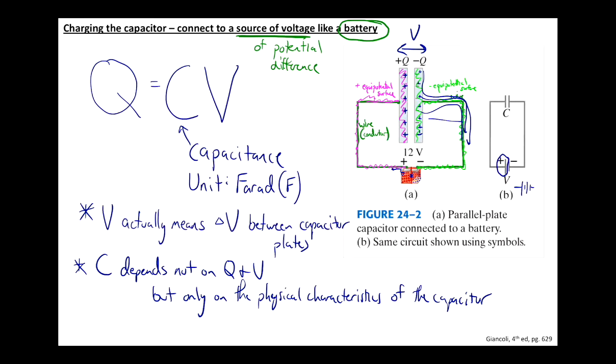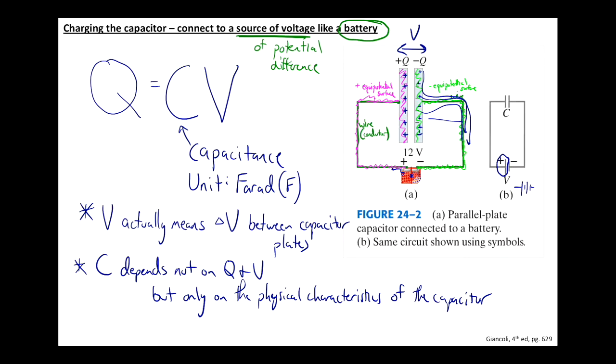Think about what makes up the capacitor. I take two conductors, I put them close together. How close? That's a physical characteristic of the capacitor. They have to be separated by an insulator. What kind? Is it air or is it something else? That's a physical characteristic. Also, each one of the conductors has a certain area. That's another physical characteristic of the capacitor.